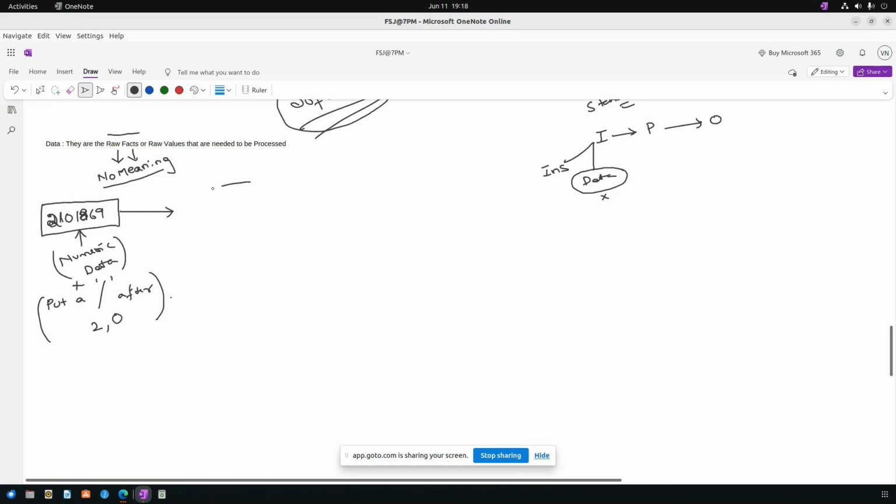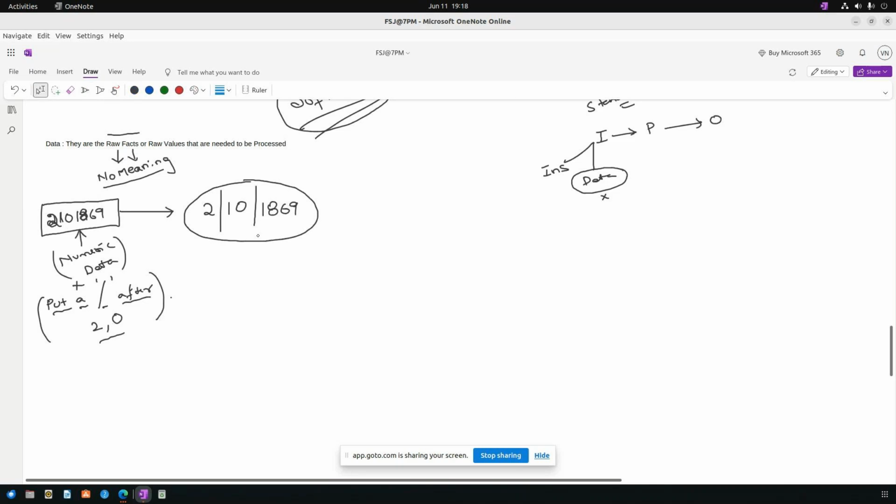Processing is nothing but following this instruction: put a slash after 2, put a slash after 0, and you write it.